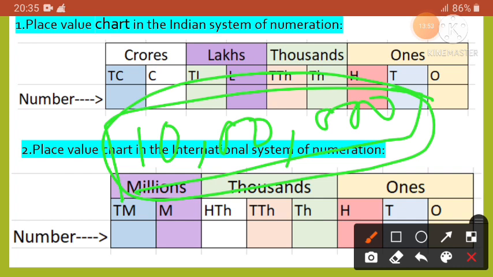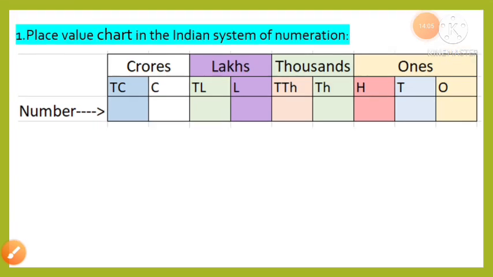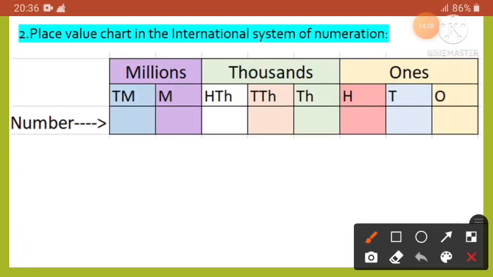Now if we write the same number in the international place value chart, look very carefully: the digit 1 comes in the million place. 6 zeros, that means 0 0 0 0 0 0, and then 1. So 1 comes under the millions place. We can express the number in words as 1 million.